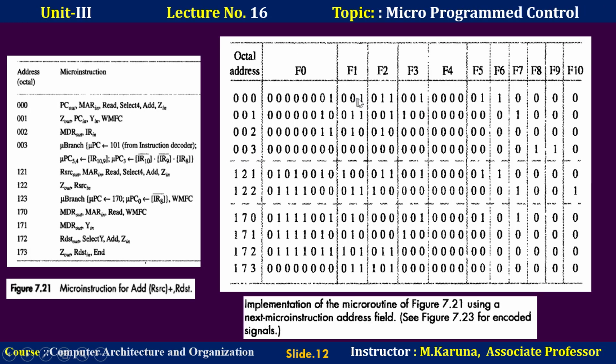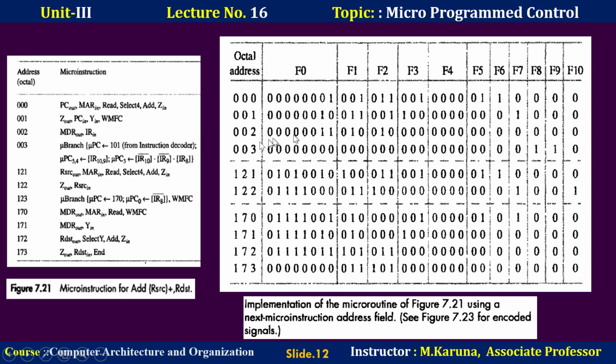Likewise, the groups are specified according to the control signals. This is the instruction code assigned to address 000, the first instruction code. This is the second instruction code, or we can say the control word, assigned 001. Next, 002: MDR out, IR in.